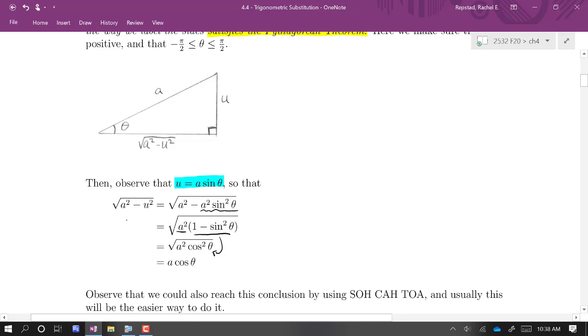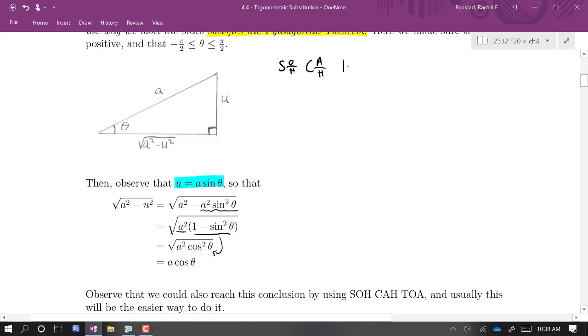Now, I almost never do this by memorizing the substitution that I make. I use SOHCAHTOA. Once I've drawn a right triangle, and I know I want to come up with expressions for trig functions, I use SOHCAHTOA.